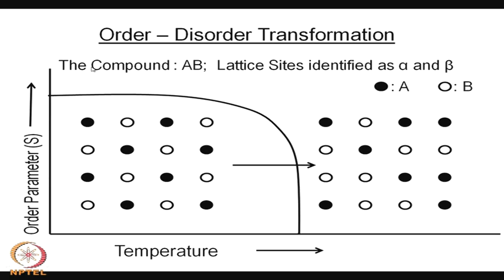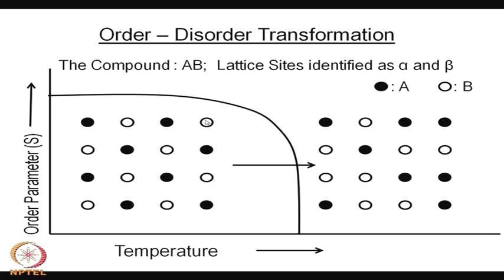Let us say we have a compound AB, where A is one variety of atoms and B is another variety of atoms, and sizable fractions of A and B are present. Since it is AB, obviously the same number of A and B will be present. If it were A2B, the ratio would be different, but in this case it is 50-50 A and B. So, these are your A atoms and these are B atoms.